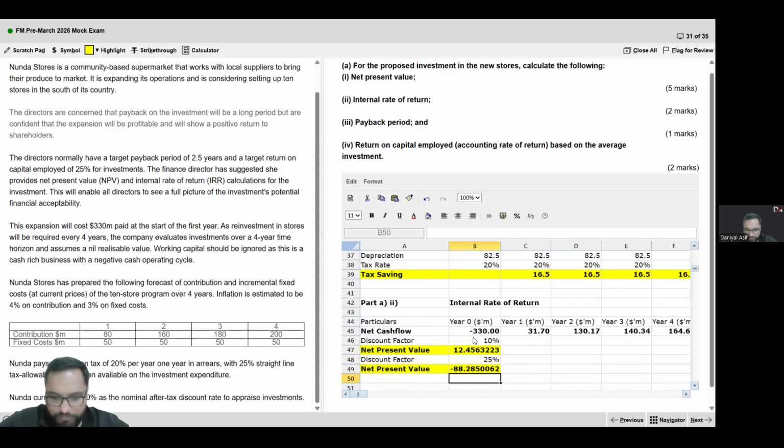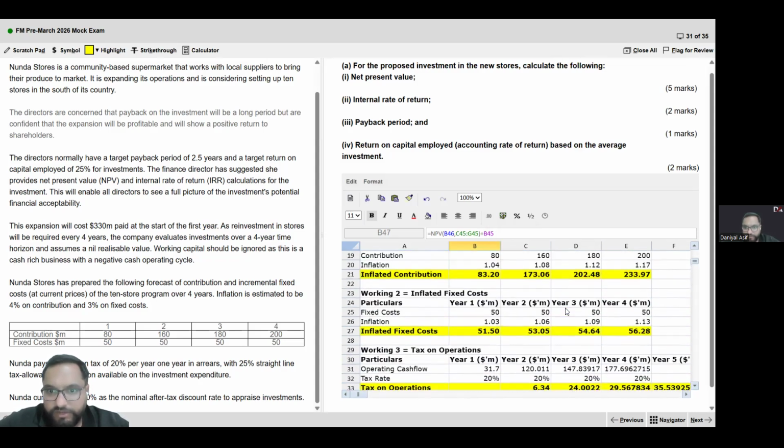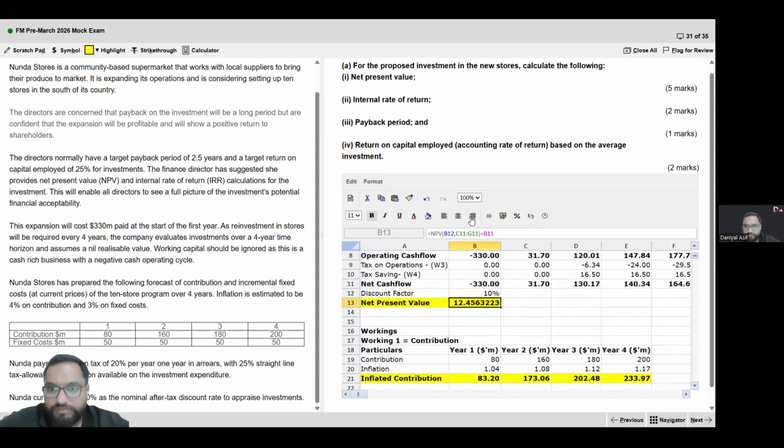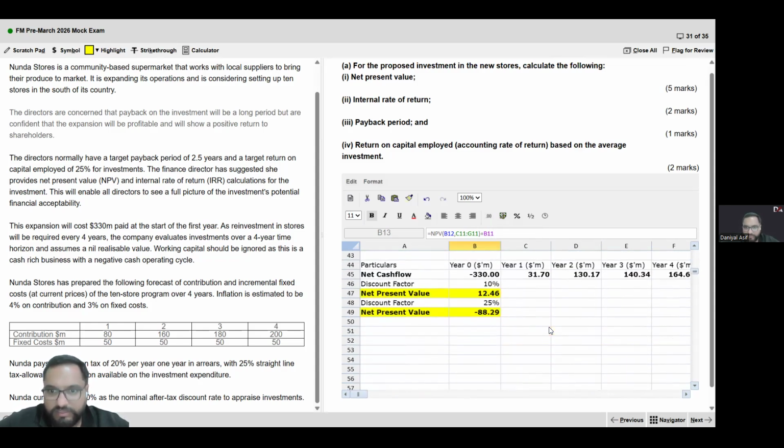This gives you the 8.2. Now, once again, I'm going to limit these values to two decimal places so that calculations are easy.